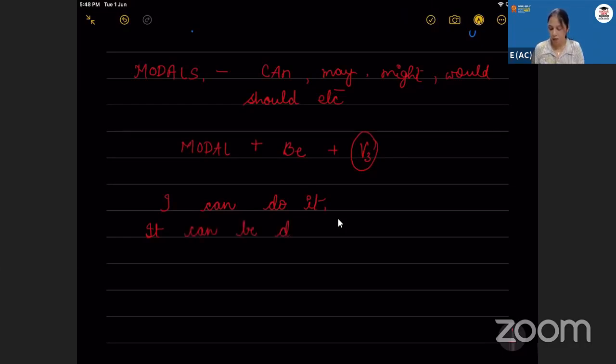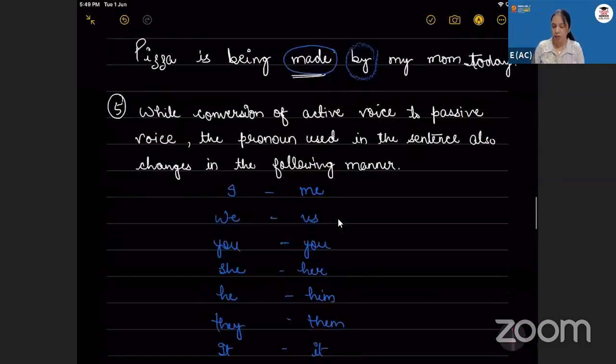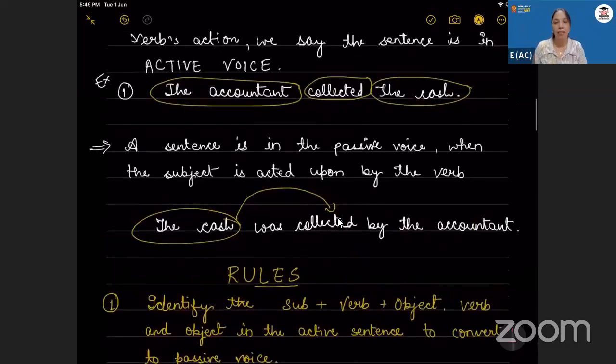It can be done by me. You can see, I may do it. It may be done by me. I might do it. It might be done by me. It's only the modal you will take, the base modal that is provided, then add be, and then the past participle. Right? I'm just scrolling up all the rules, all the examples, and if you have any doubt, please ask anything if anything is not clear.